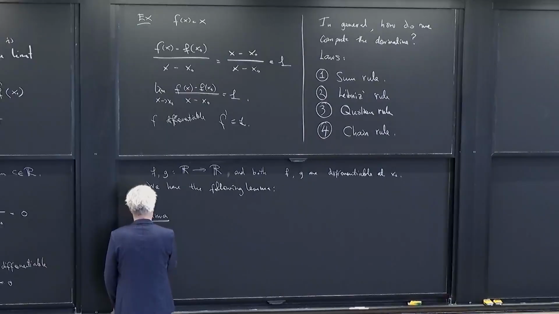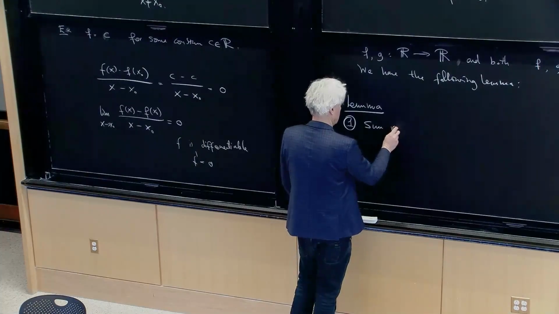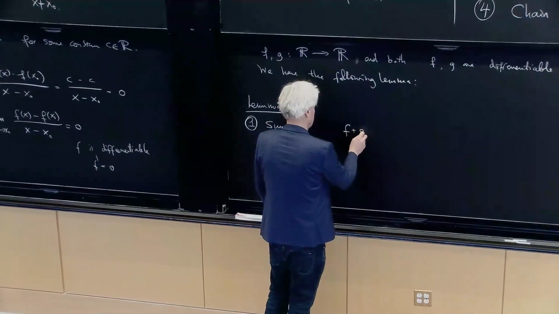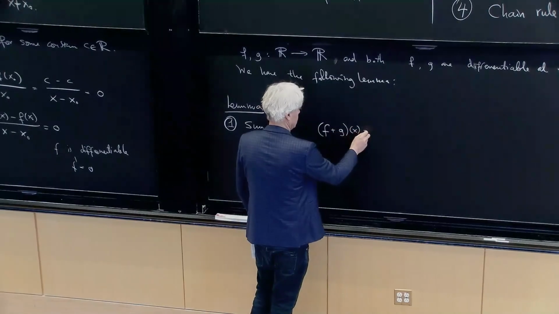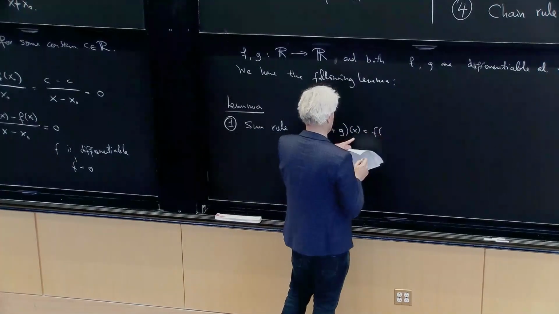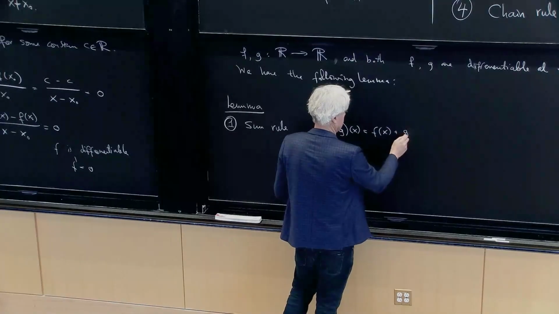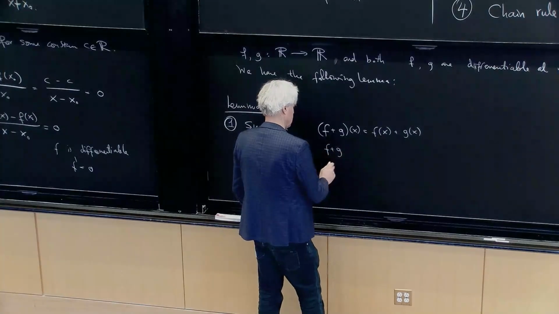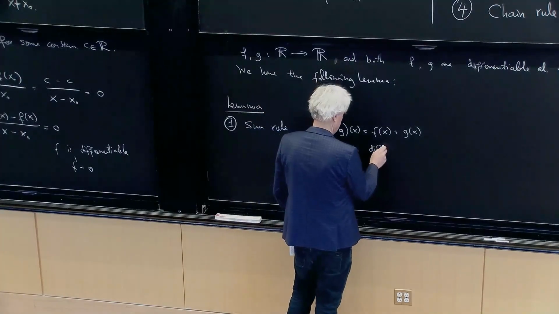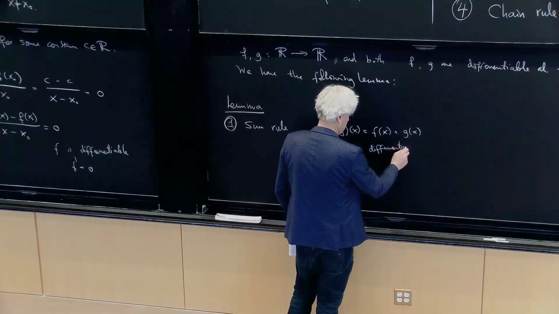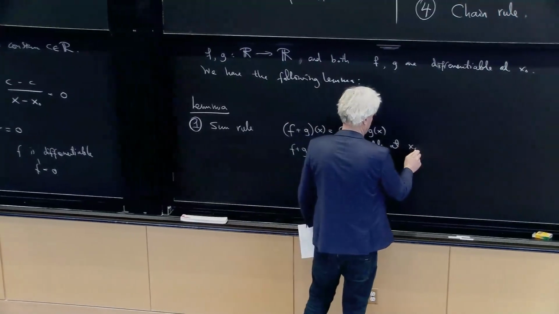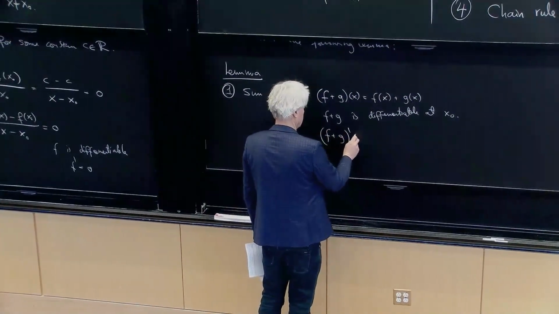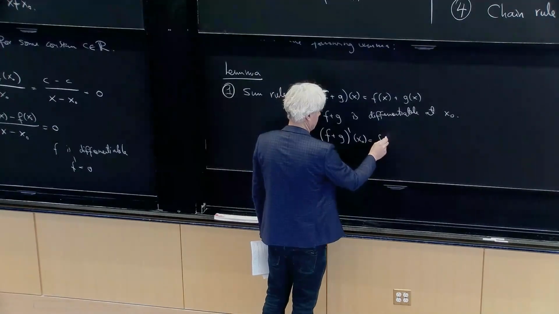One, and this is really the sum rule: the sum f plus g, the function that is just, in x, the sum of f of x and g of x, is differentiable at x0, and the derivative of f plus g at x0 is just the sum of the derivatives.